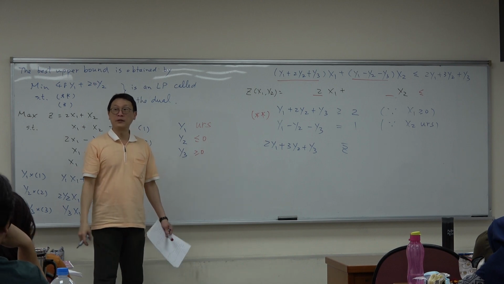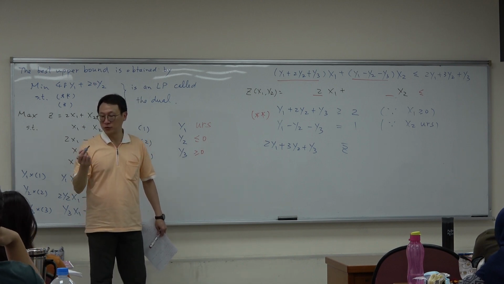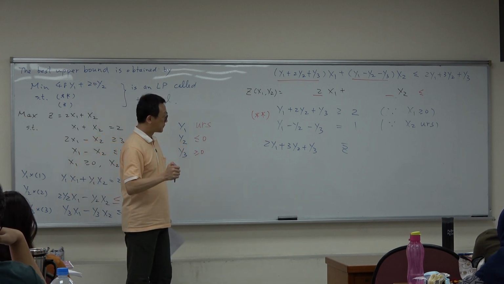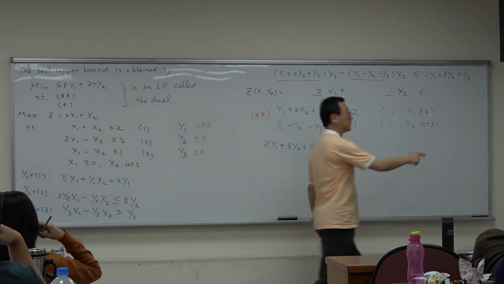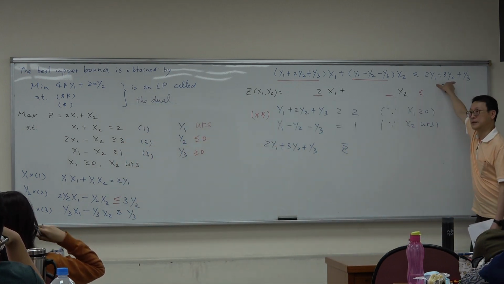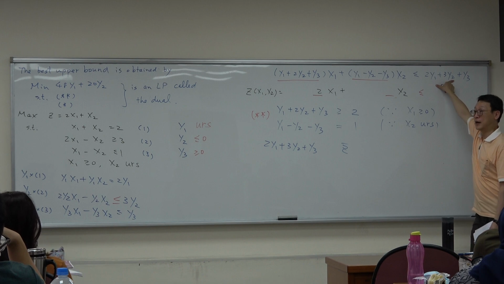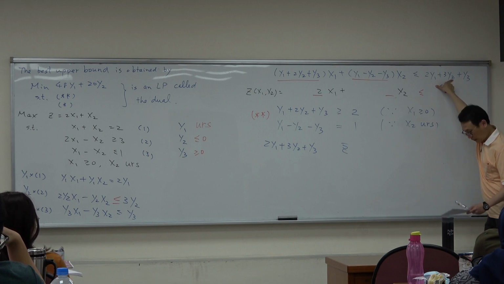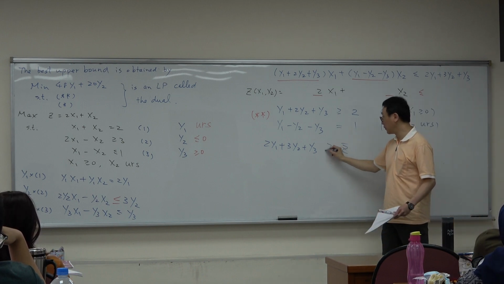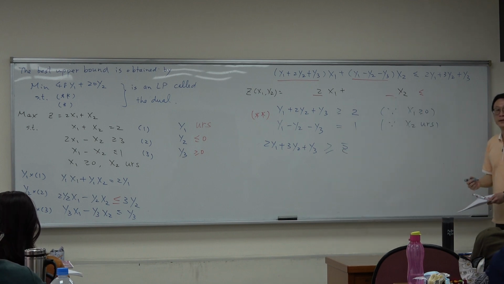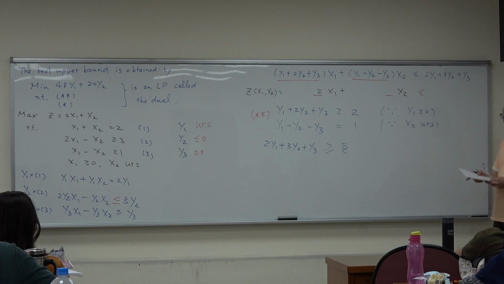Once we can guarantee y1, y2, y3 are a feasible solution, then we can guarantee this one will be our upper bound, right? This one will become our upper bound.